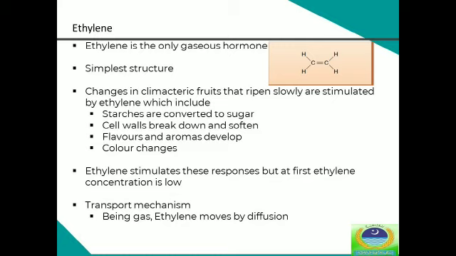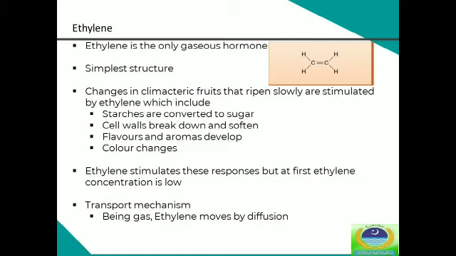Ethylene stimulates these responses, but at first, ethylene concentration is low. As time progresses, due to a positive feedback system, ethylene production increases manifold, that is exponentially. If we talk about transport mechanism, ethylene being a gas moves by diffusion.